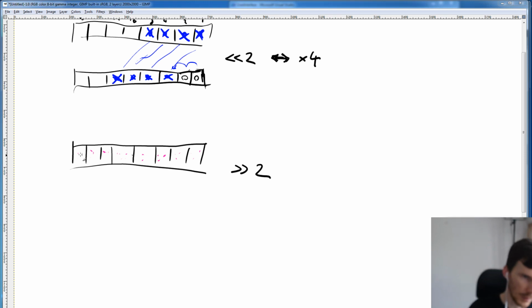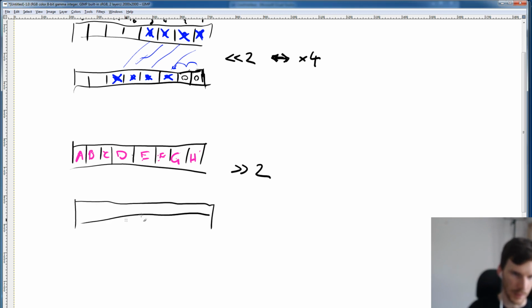Let's do this: A, B, C, D, E, F, G, H. Say we're shifting this to the right by 2.